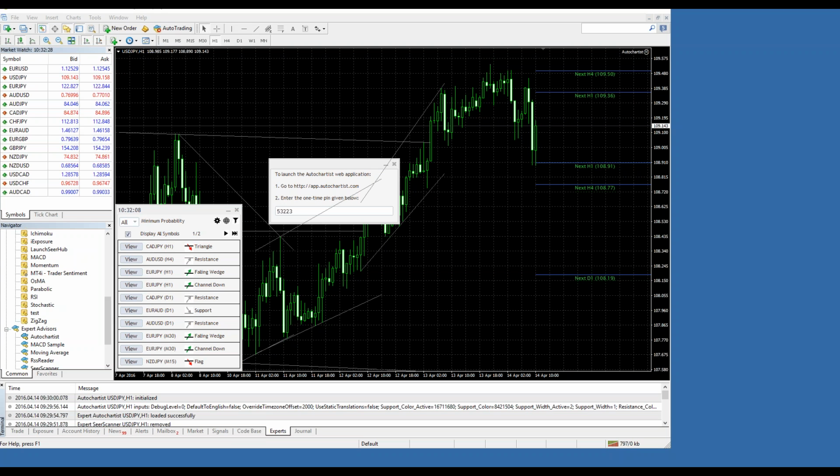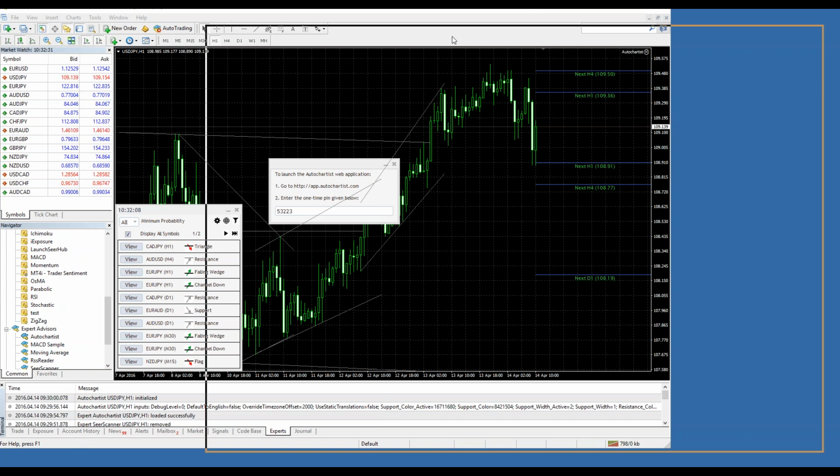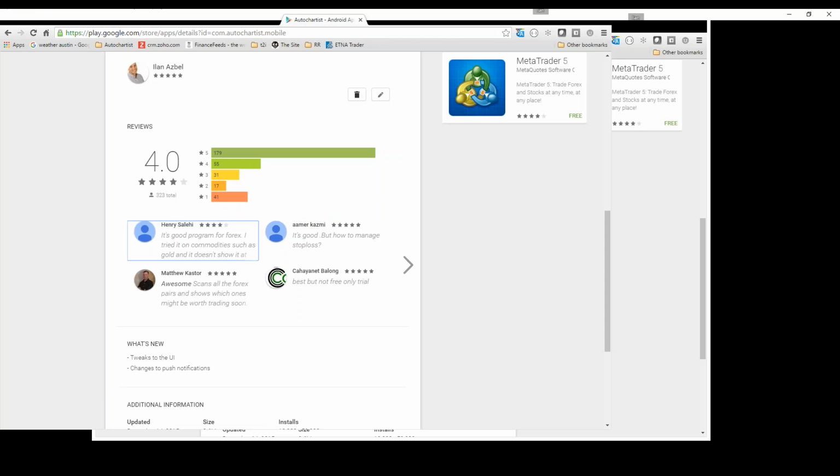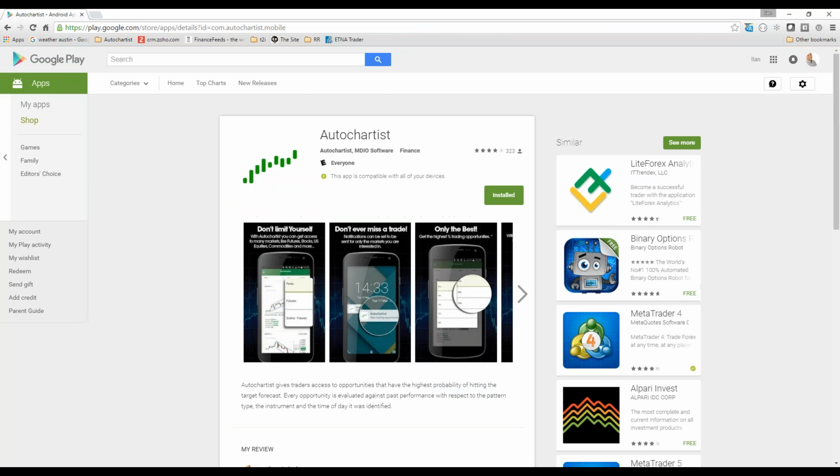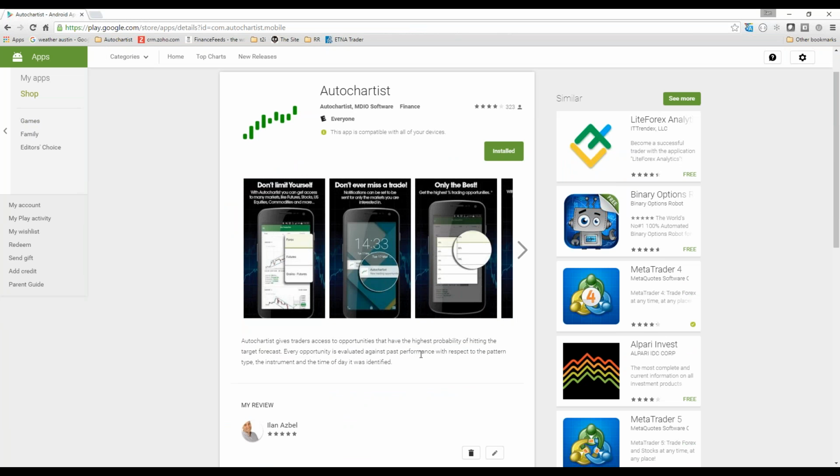Let me find that for you. Here it is. Okay, so there it is. Here is the Autochartist mobile application. If you download that, it will send you a push notification for events with over 70%. The phone will beep at you to let you know there's a new trading opportunity.